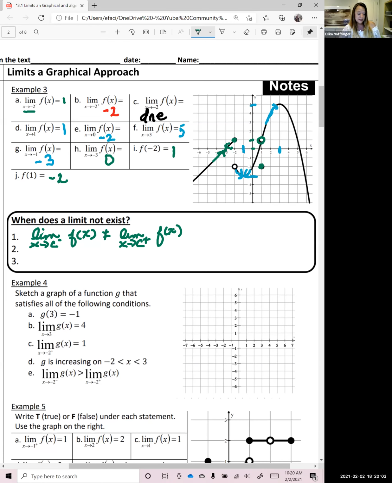Okay, so we'll also see that limits don't exist if they are shooting off to positive or negative infinity. We just haven't looked at that yet. So I'm going to come back to that later. But right now we know that it doesn't exist if the left and the right aren't the same.